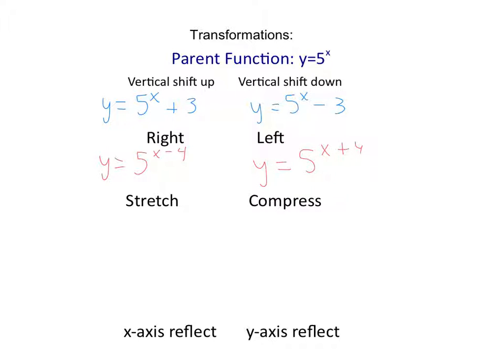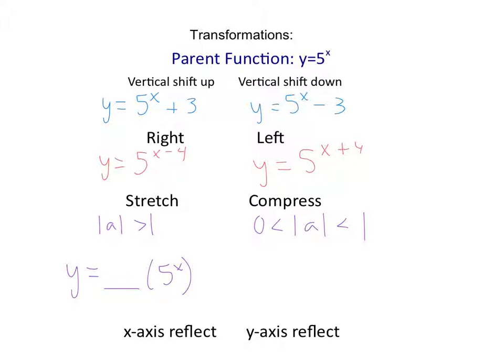All right, a stretch or compress is the same idea as quadratics. With a stretch, the absolute value of a was greater than 1. For a compress, the absolute value of a was between 0 and 1. So what this would look like is y equals, again, I still have to have my base of 5 to the x, but now it's all about whatever is in front of my base, whatever a is, and a has to be greater than 1.